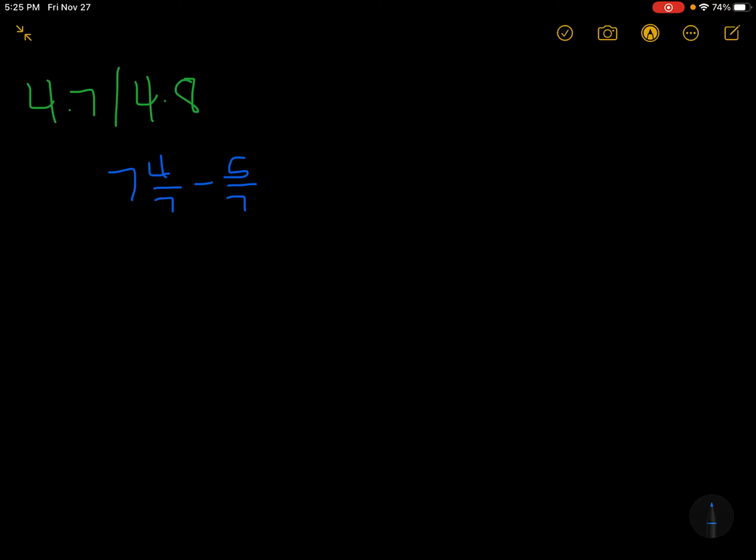Let's do so. I know that 7 and 4/7 can be changed into an improper fraction by realizing how many are in a whole. A whole here would be 7/7.